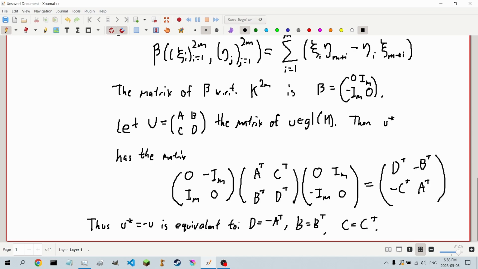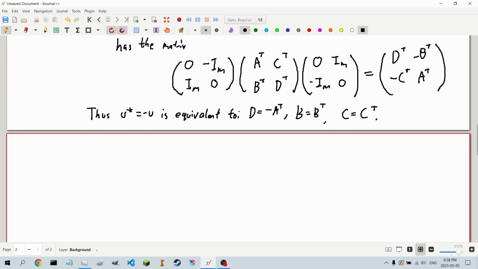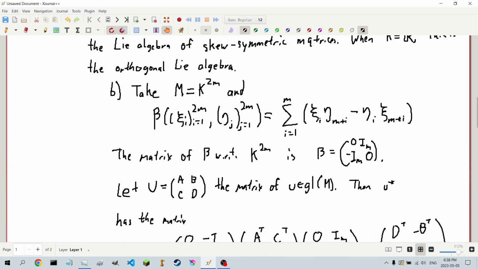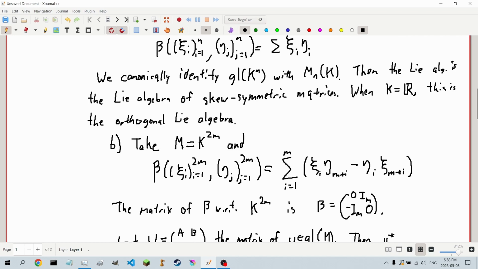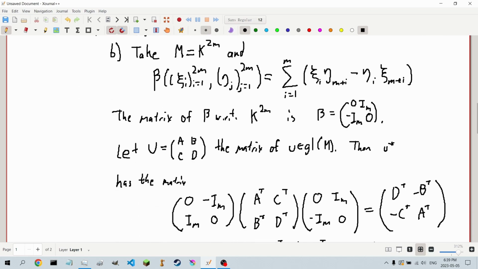And as before, you get a special condition when K is the reals. Oh, I should mention before, this is the real orthogonal Lie algebra.